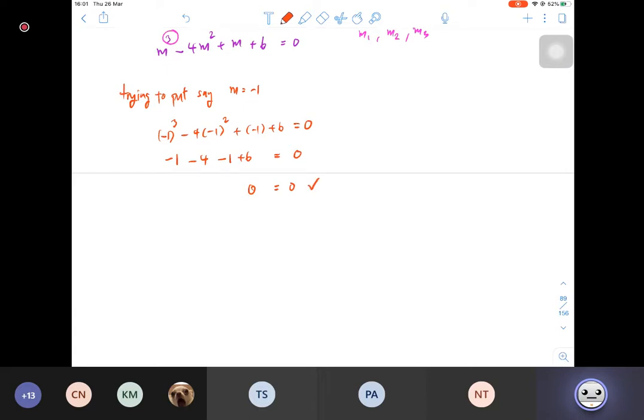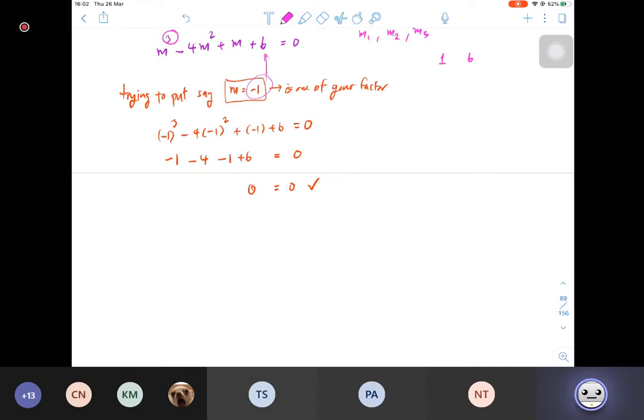So what does it mean? It means m equal to minus 1 is one of your roots. By the way, how can I guess this number? Actually, I get it from the last one.